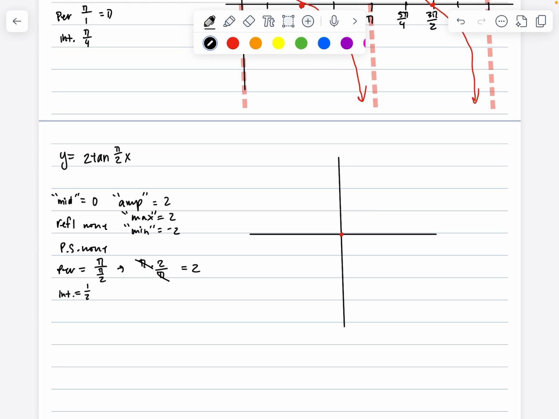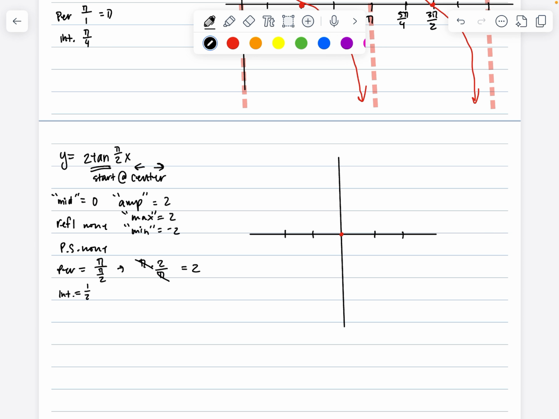We need to go 2 units to the left and 2 units to the right because this is specifically a tangent wave. So we start at center, which means we have to go 2 to the left and 2 to the right.